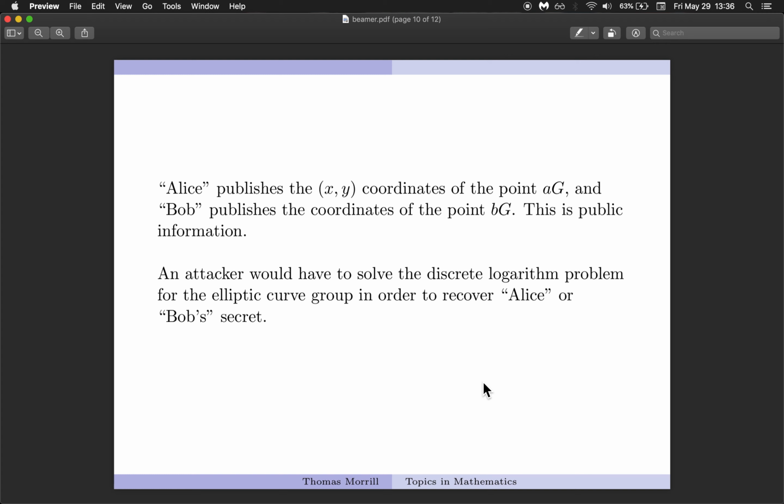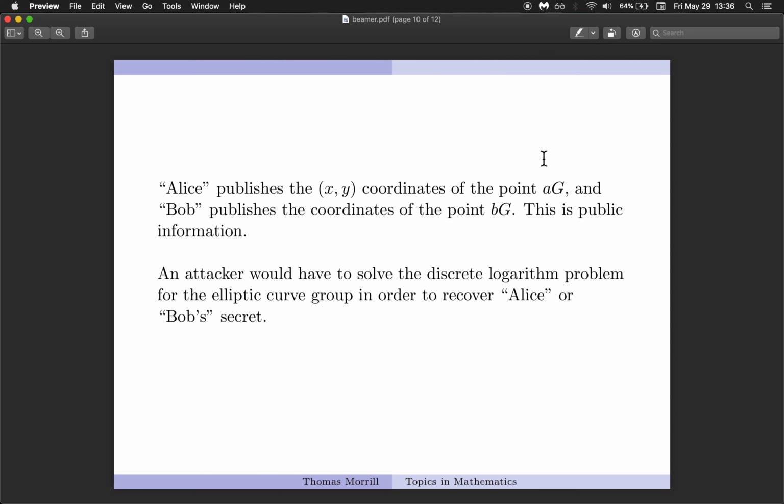Instead, Alice is going to calculate the point A times G, right? So G is some point on the elliptic curve. Alice calculates what you get from taking A copies of this point and adding them all together. And she won't be doing this by hand.